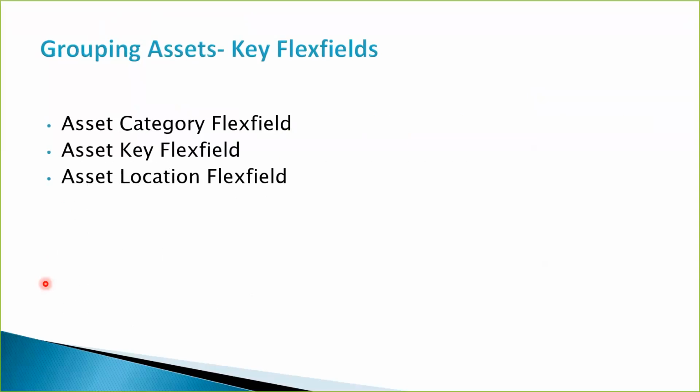And you just go and select this particular Flexfield, and then you go and define the segments which represent the dimensions you want to capture in your groupings. Okay. So again, now we are going to go and look at the peculiarities of each of these Flexfields and see what we can and cannot do within them.